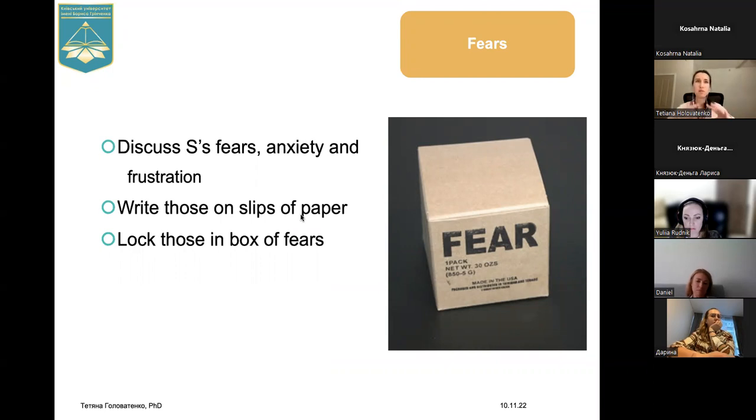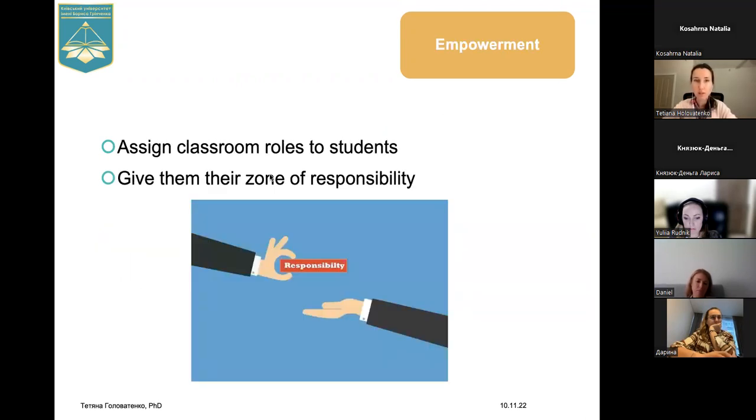And this is like visually getting rid of that emotion. And also admitting that they have this emotion and they are not alone in that, because some of the students might also have similar emotions they want to get rid of. In online and virtual environments, you can have some joint board where they write down their fears when they feel those.